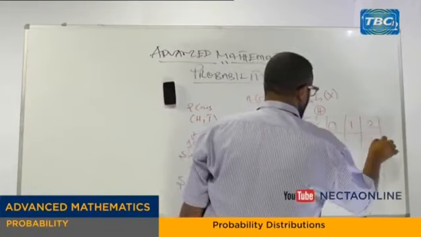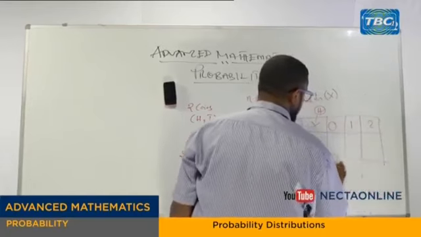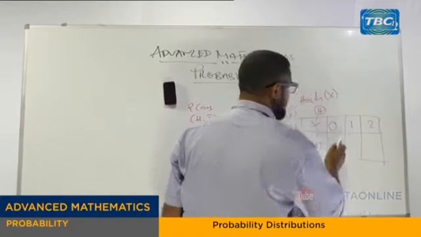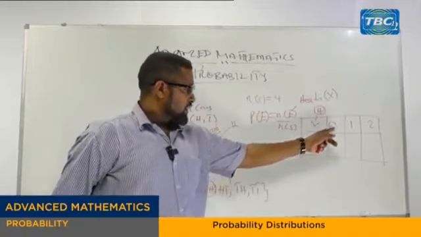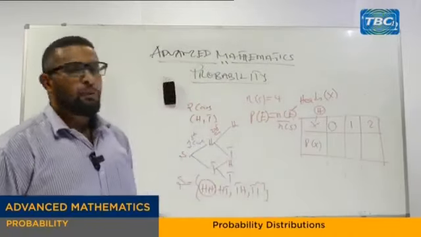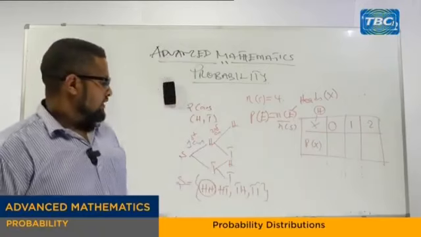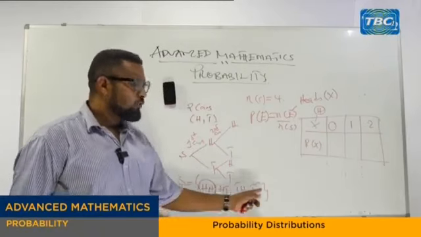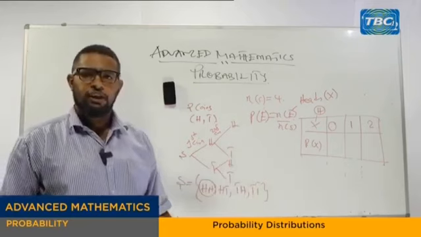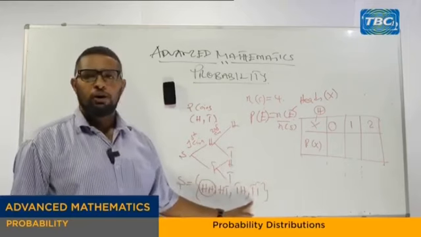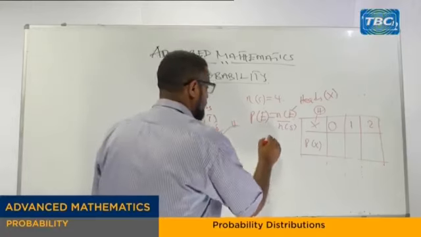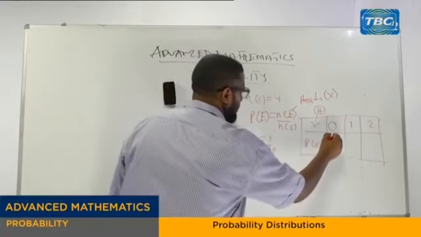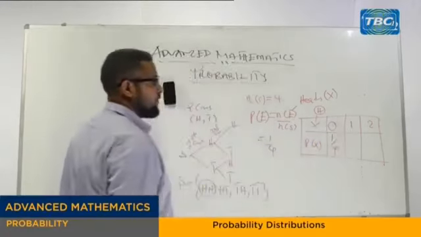After preparing such a table, now it's time to fill it. When you don't have H, what is the probability? Look at the outcome which does not contain any H. We have only 1. So it is 1 over 4. So we write here 1 over 4.